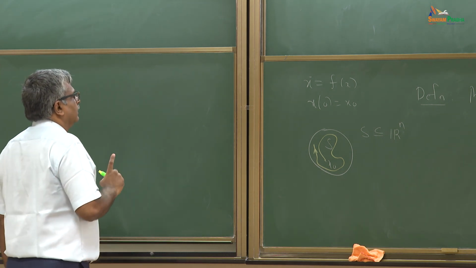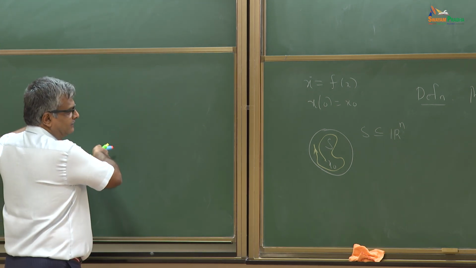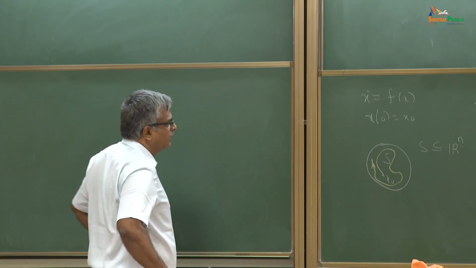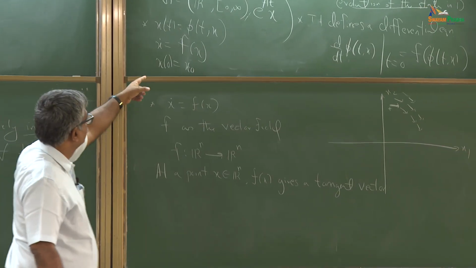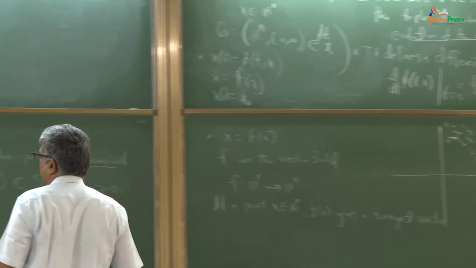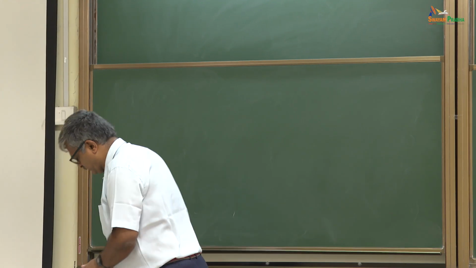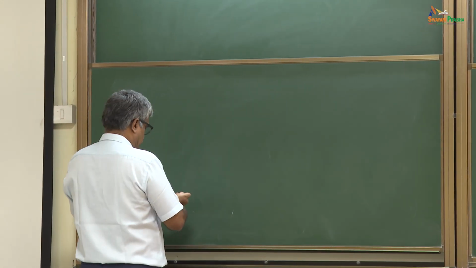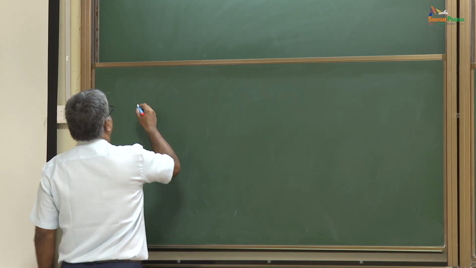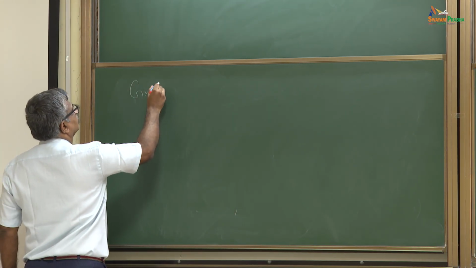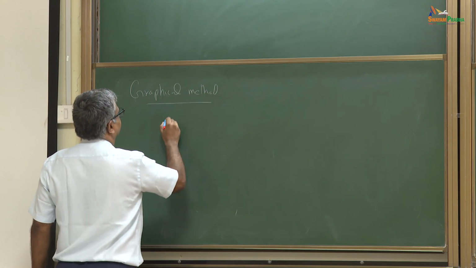Okay. Fine. So now what are we going to do? We are going to connect the information that we have from the linearization to the picture of this flow in the vicinity of that equilibrium point. What we'll do is a graphical method known as phase portrait.